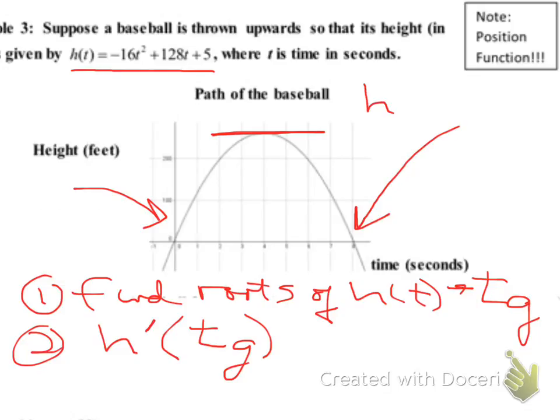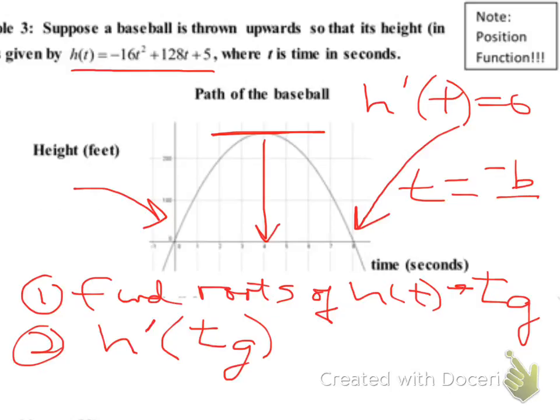Well, you can set the velocity equal to 0 and solve for your t, so that will give you the t that you need. Or you can remember from Algebra 2 that because it's the vertex, you can get the time by using your quadratic equation and just saying negative b over 2a.